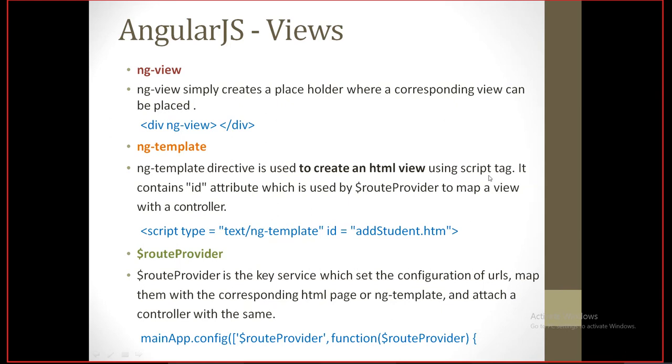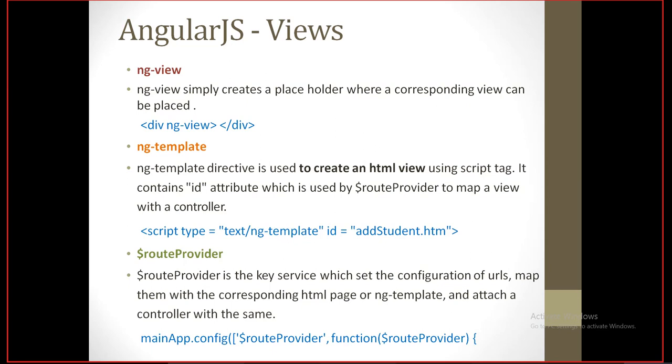Okay, and that script tag along with the ng-template will also have one attribute called ID. Okay, now why is this ID used? It is helpful for the $routeProvider service.